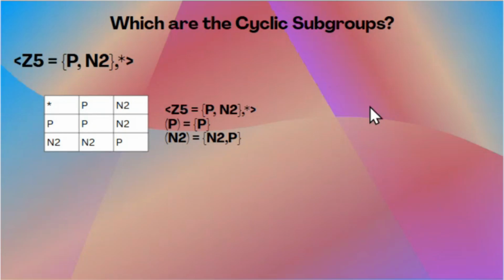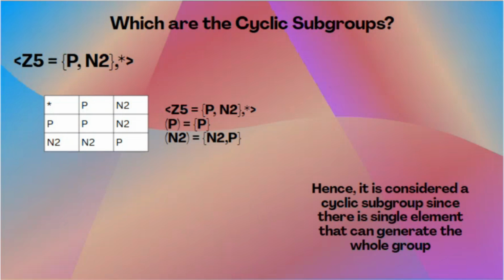Next one, for our Z5, we have P and N2. For P star P, we have P, and then N2 star P is N2, and N2 star N2 is equal to P. So we have a generator N2. That's why it's a cyclic subgroup.